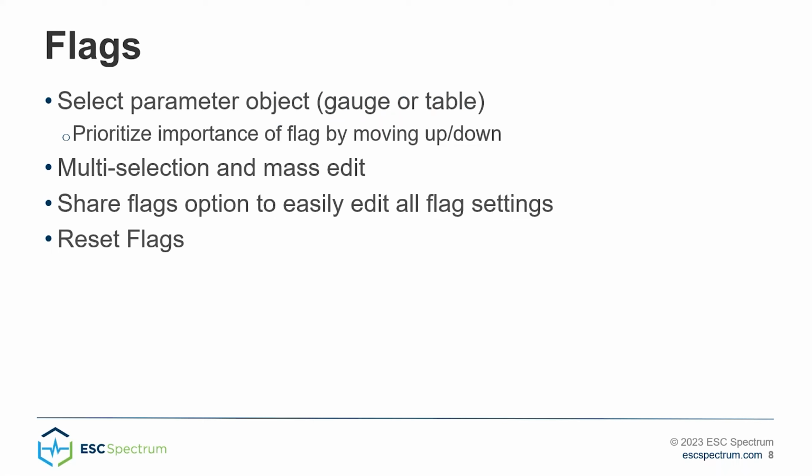So now we're going to talk about flags. You might have seen those as a setting on the right. You can prioritize these flags by importance. I'll show you that up and down. We can do multi-selection and apply and share flags to multiple parameters. And then we can also do a reset option, which I will demonstrate now.